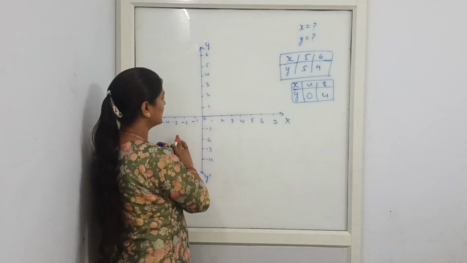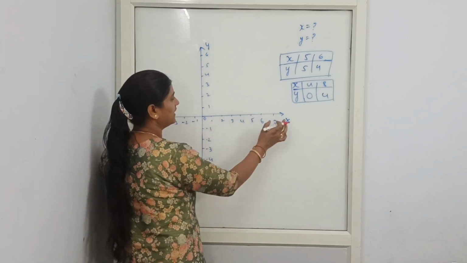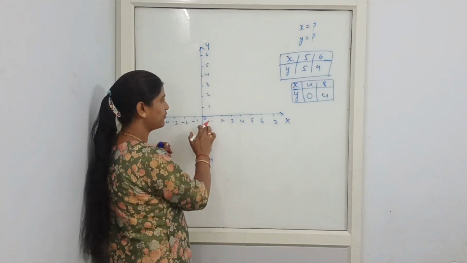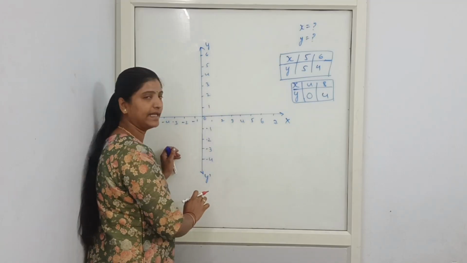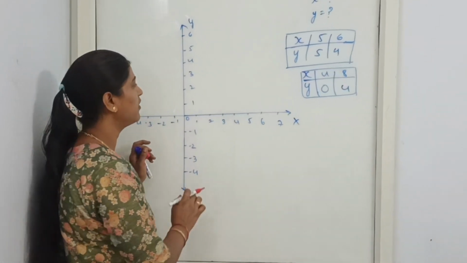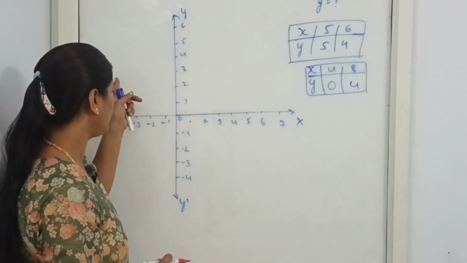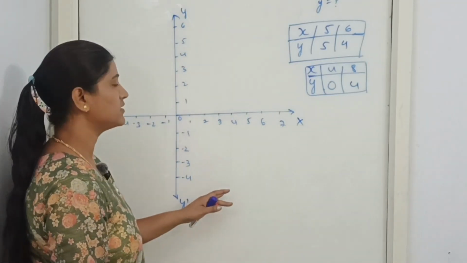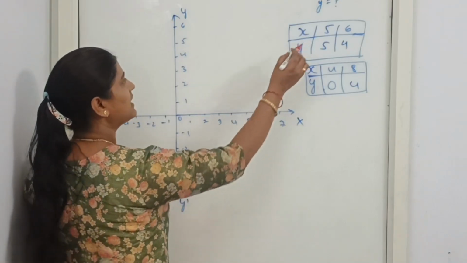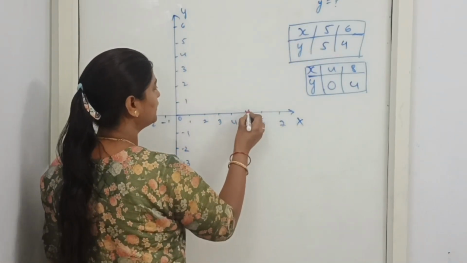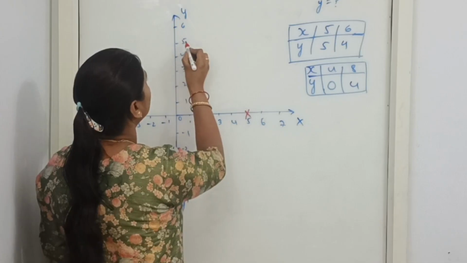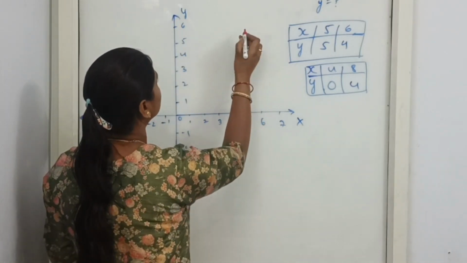So this is the graph: X dash, X, origin, Y, Y dash, intersecting point. You already know the quadrants: positive positive, negative positive, negative negative, and positive negative, right? So let us start. If x is equal to 5, y is also 5, is it not?